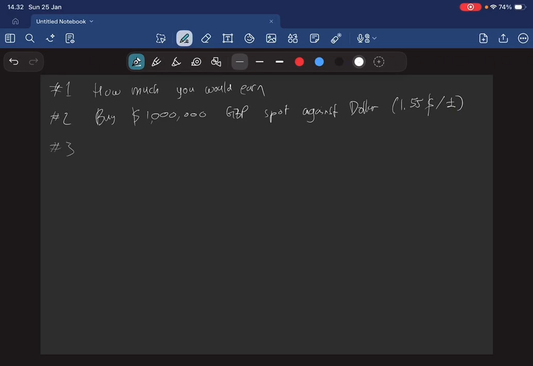Third, determine how many pounds you will have at the end of the investment period.